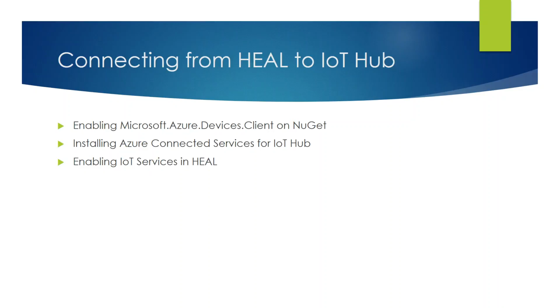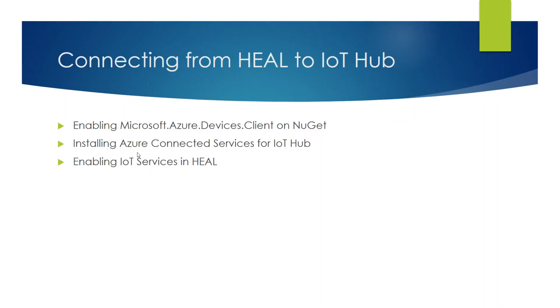So now that we have set up everything on Azure, we have to start working on the code and add the code snippet that we want to use to send sensor information to IoT Hub. To do that, first we need to enable Microsoft.Azure.Devices, the client on NuGet.